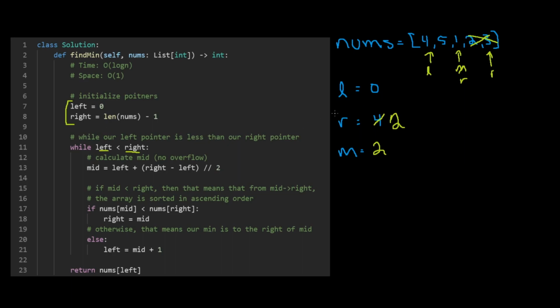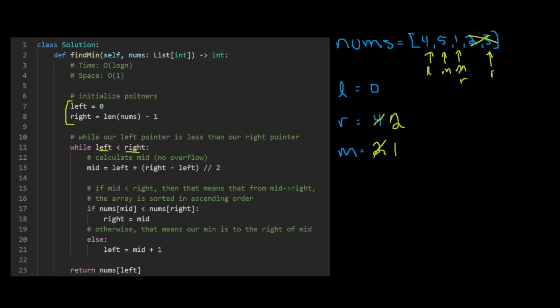So is left less than right? Yes. And then we calculate our mid. And our mid here is going to be 1, which is pointing to our 5. So is nums at mid less than nums at right? And it is not. 5 is greater than 1.